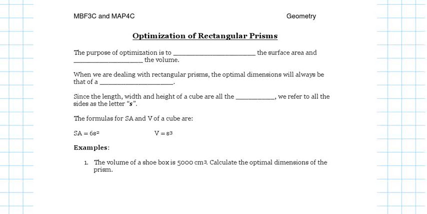A cube. A cube would give me the optimal shape. If I have a rectangle, the square is going to give me the optimal shape, because remember, a square is a type of rectangle. It's a perfect rectangle, right? If the square is the optimal shape for the 2D, guess what? A cube, which is made of all squares, is the optimal shape for a rectangular prism.